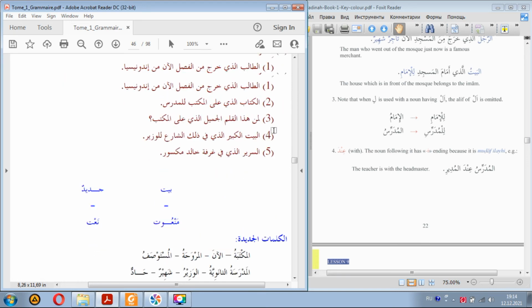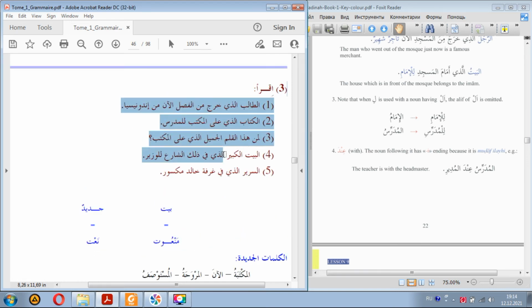So the last exercise in our lesson is just اقرأ. So the first sentence, الطالب الذي خرج من الفصل. Subhanallah. I will go slower. الطالب الذي خرج من الفصل الآن من إندونيسيا.